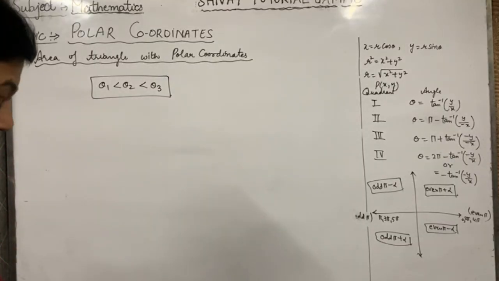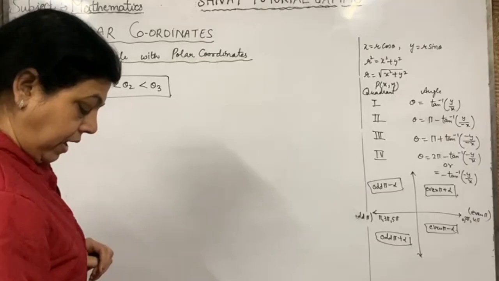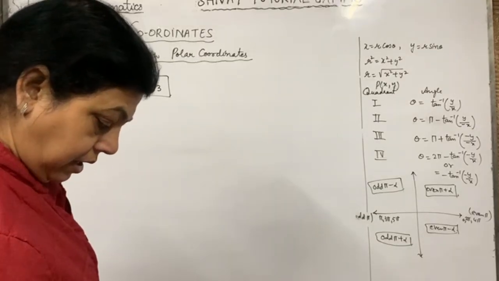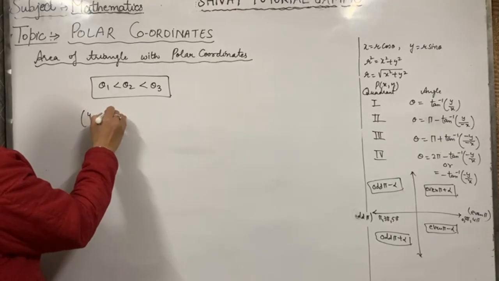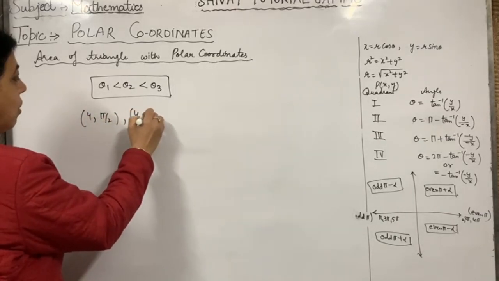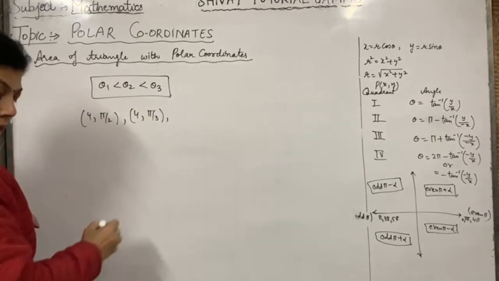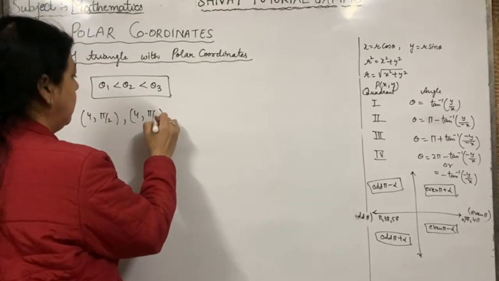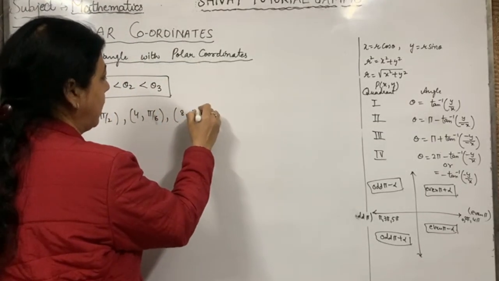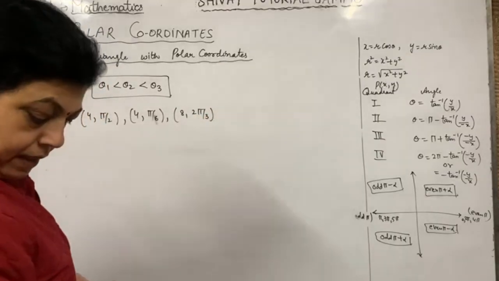Suppose there is a question: we have to find the area of the triangle whose coordinates are (4, pi by 2), (4, pi by 6) and (8, 2 pi by 3). Clear?